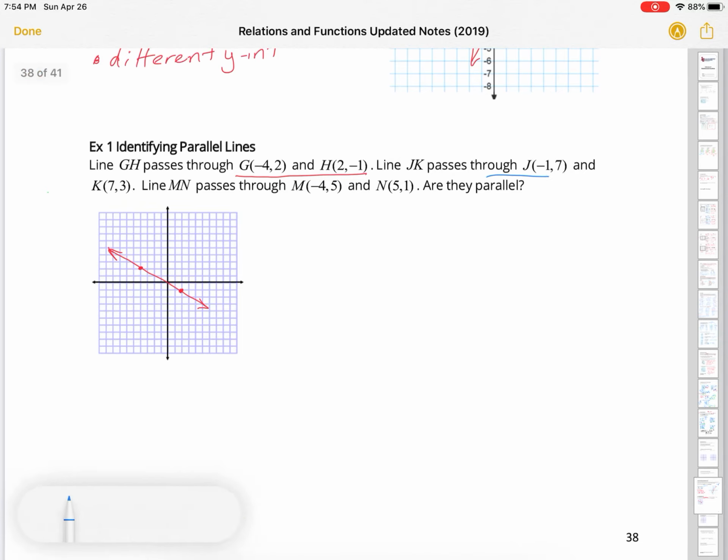Okay. And then we have line JK, which passes through J and K. And J is negative 1, 2. Right there. And K is 7, comma 3.